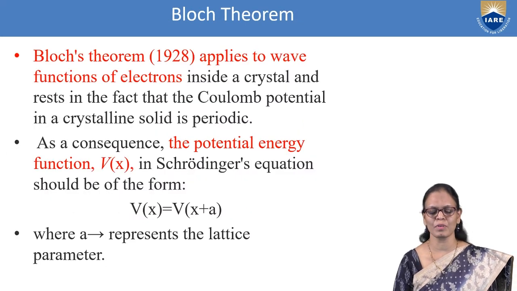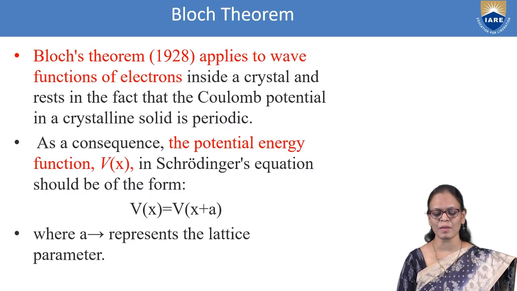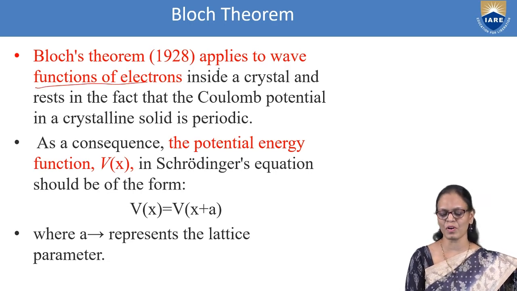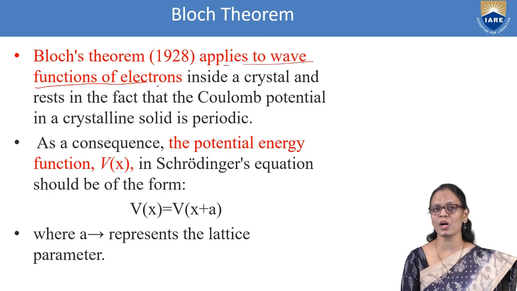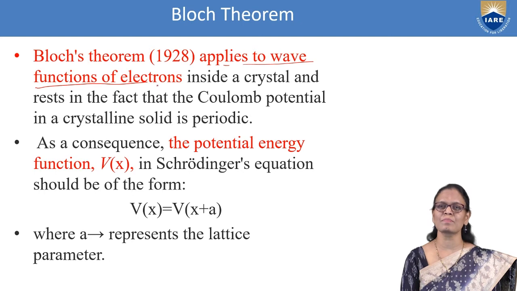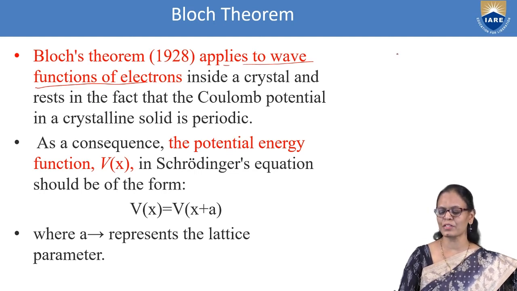Now coming to the Bloch theorem. In order to solve this, a scientist by the name Bloch, in the year 1928, gave a theorem which applies to the wave functions of electrons. We have discussed this concept in detail in our module 1. Electrons are particles, but they exhibit dual nature.